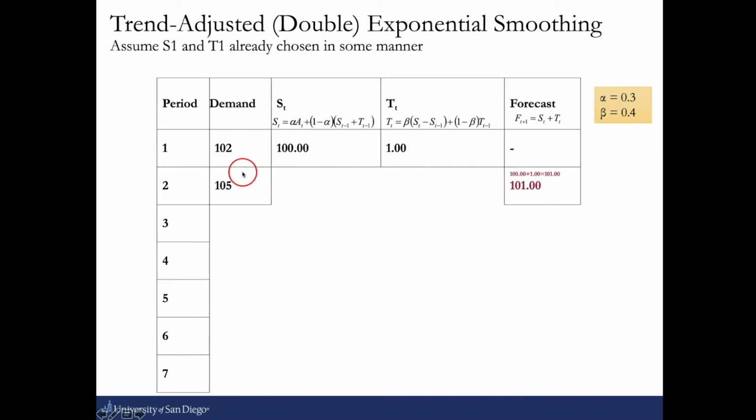Moving on, now that I realized the demand for period 2, that's 105, I can then calculate S where t equals 2, and that would be based on this equation, 0.3 times 105 plus 1 minus 0.3 times 101.